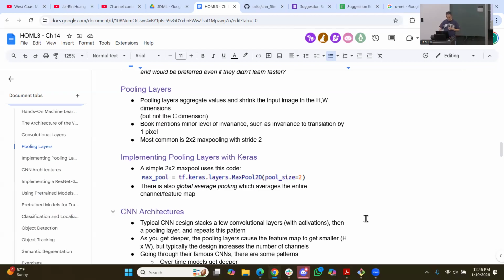Typically what you do with a max pooling layer, and this is the default behavior, is that a 2x2 max pooling layer has a stride of 2, which means that there's no overlap. You're just jumping every 2 pixels. And that means your output size is going to be 1/2 the width and 1/2 the height of your original input. And that's on purpose.